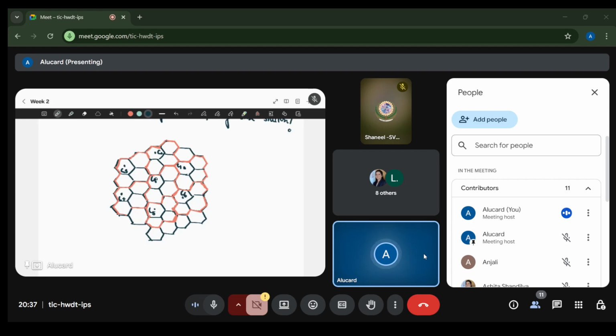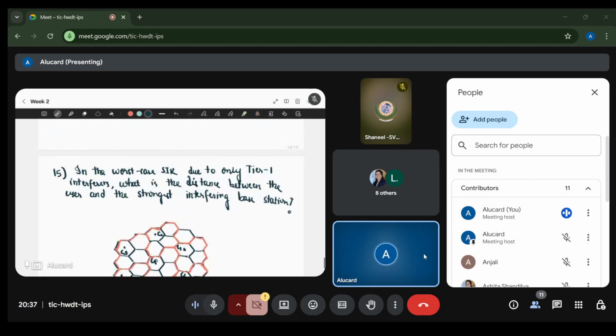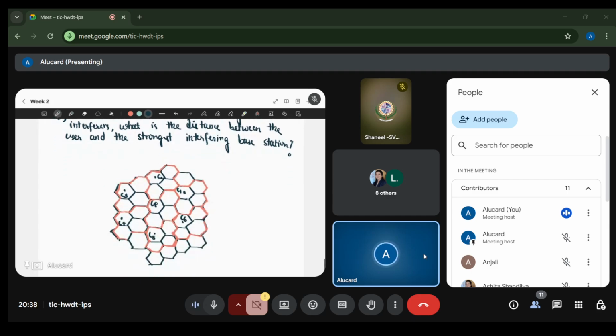Now you have to find the distance between the user and the strongest interfering base station in the worst case scenario. In the worst case scenario, the user is at the farthest distance from the base station in its own cell. So if we consider cell C0, the user will be somewhere here.